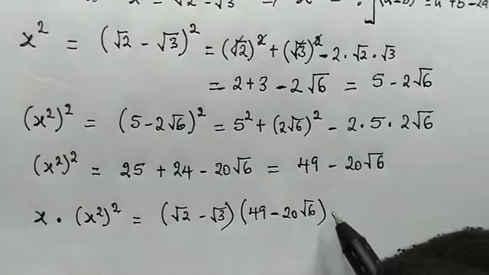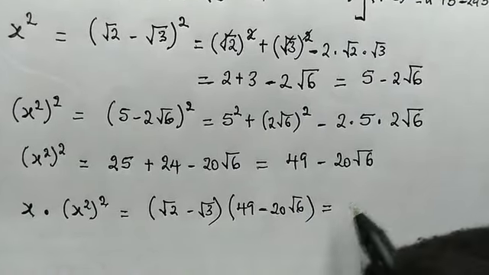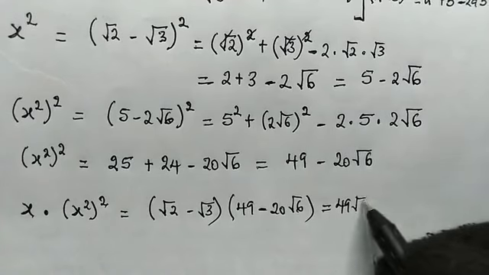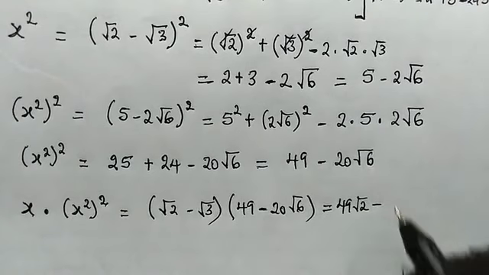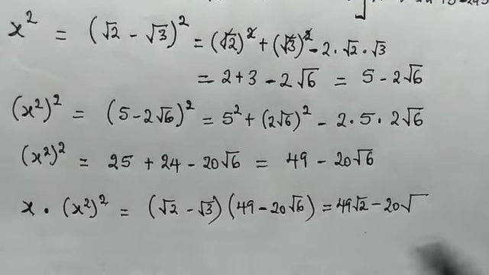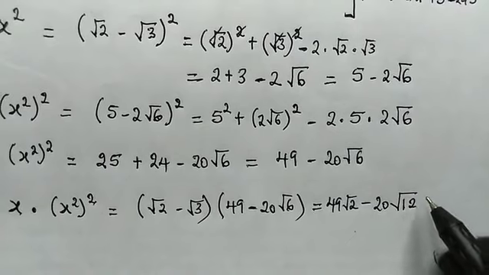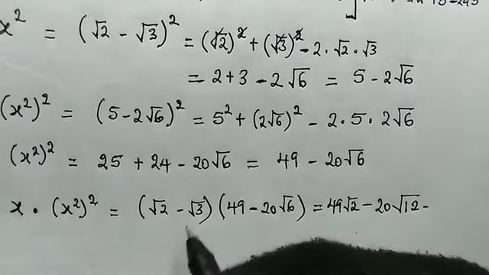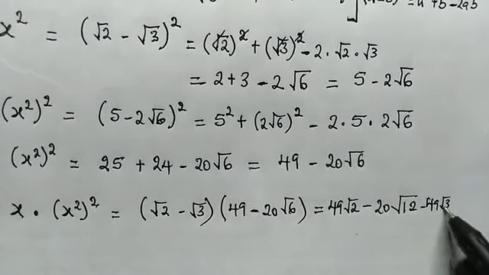Right? So from here, root 2 times 49 is 49 root 2. Then minus root 2 times 20 root 6 will be 20 root, 2 times 6 is 12. So this will be root 12. Okay? So minus root 3 times 49 will give us 49 root 3.